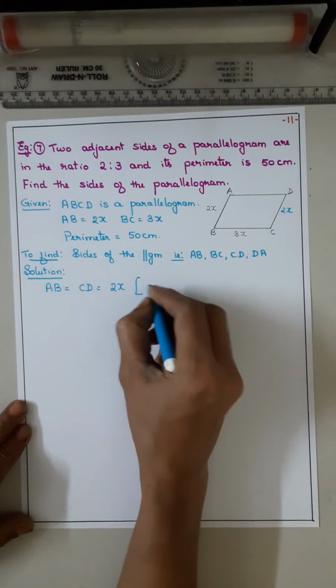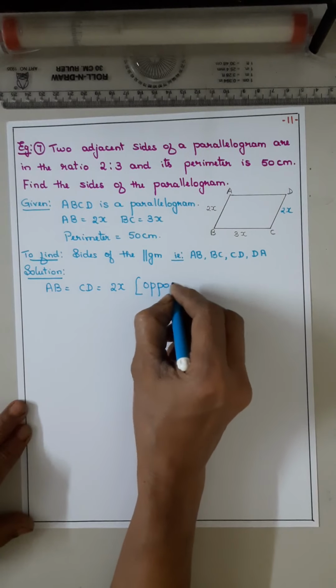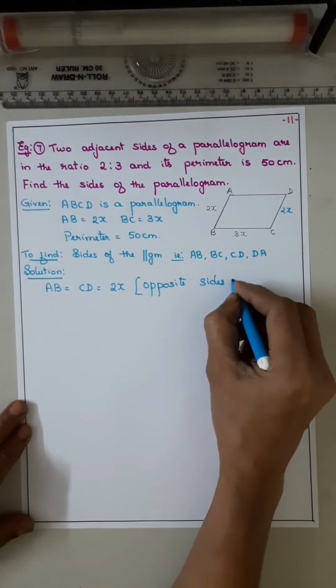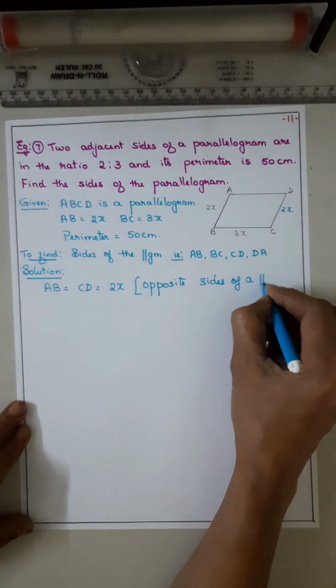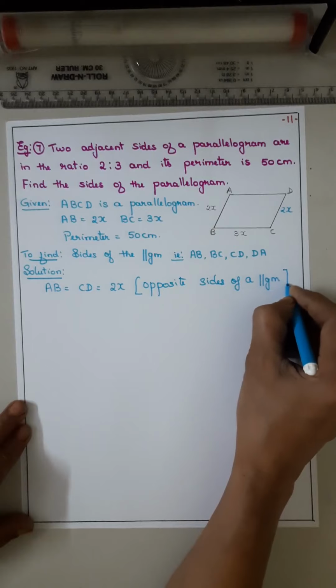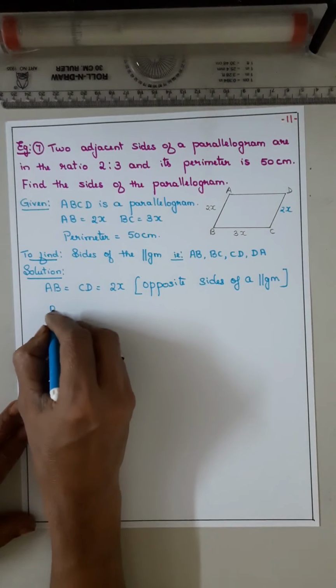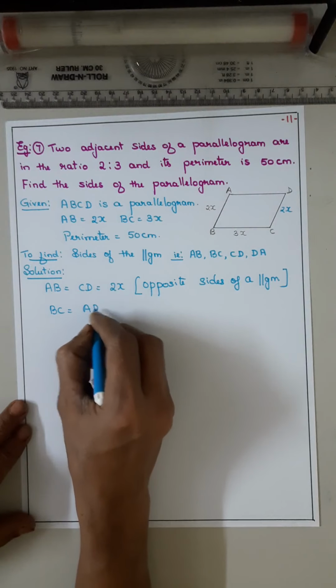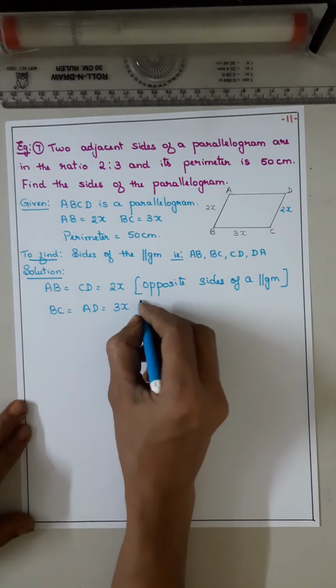Why? Opposite sides of a parallelogram are equal. Now BC is equal to AD is equal to 3x.